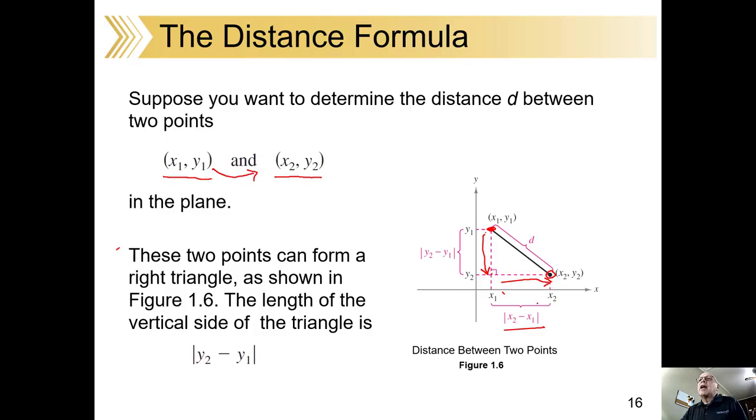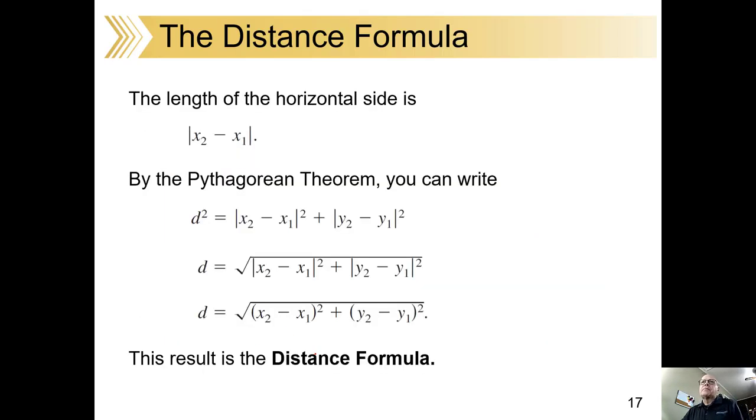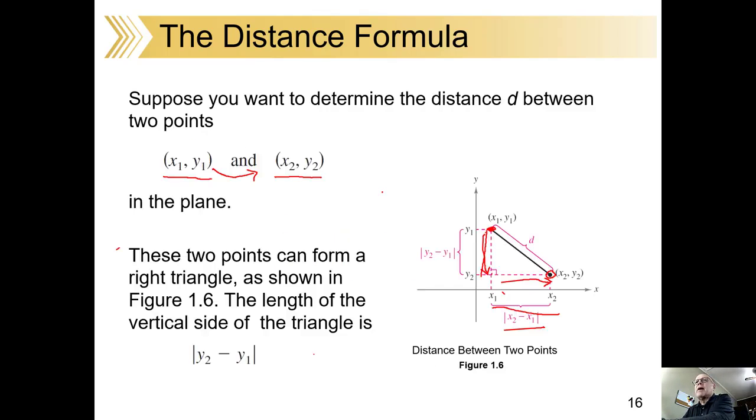So we've got the two lengths. We've got the horizontal distance that we're traveling from here to here, and the vertical distance we're traveling from here to here. Next, we've got those two lengths, and the Pythagorean Theorem says, if you look back here, the x sub 2 minus x sub 1 represents one of the legs.